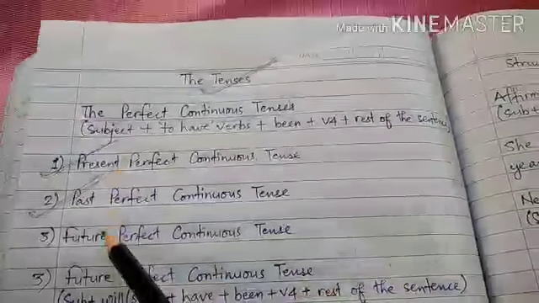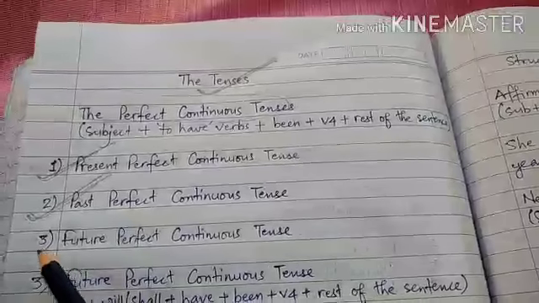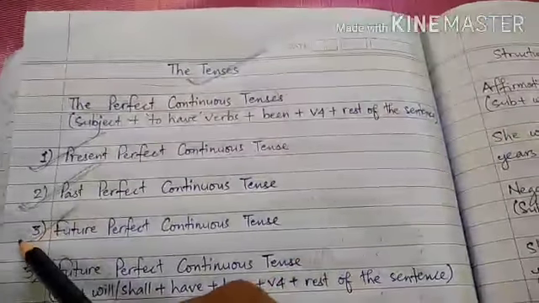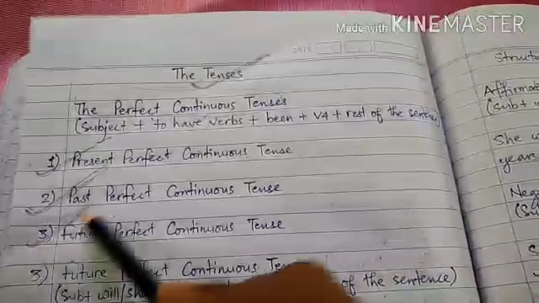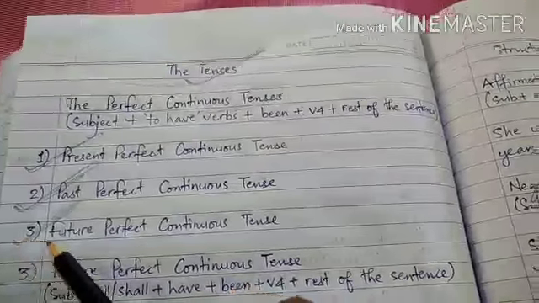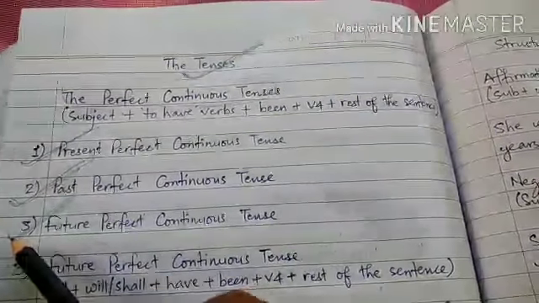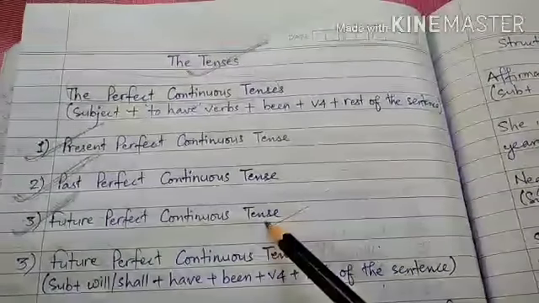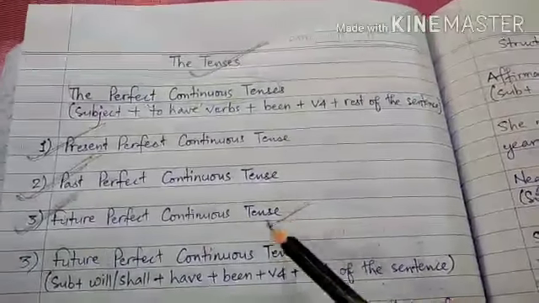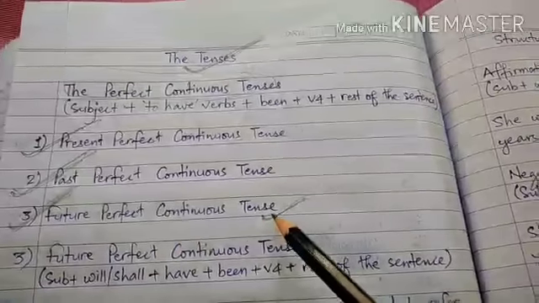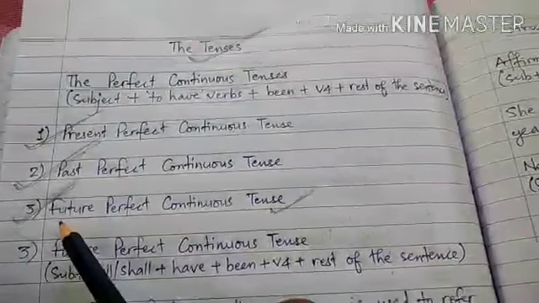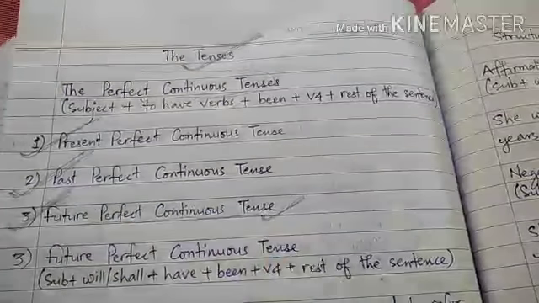And in this video, we will study and understand the future perfect continuous tense. That means, in this video, we will study in detail about the use of the future perfect continuous tense, the verb forms that are used in the future perfect continuous tense, and the structure of different sentences in the future perfect continuous tense.